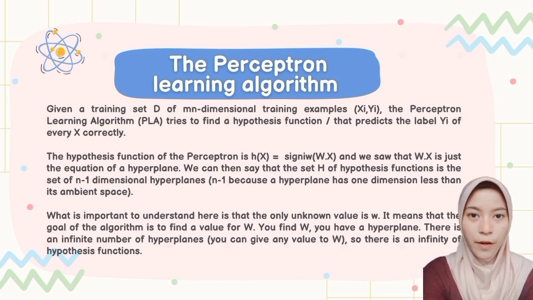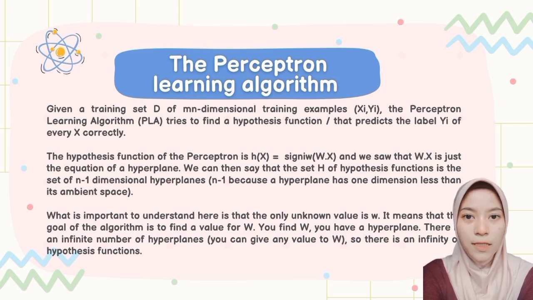The hypothesis function of the perceptron is h(x) = sign(w·x), and we saw that w·x is just the equation of a hyperplane. We can say that the hypothesis set of the hypothesis function is the set of (n-1)-dimensional hyperplanes, because our hyperplane has one dimension less than its ambient space.